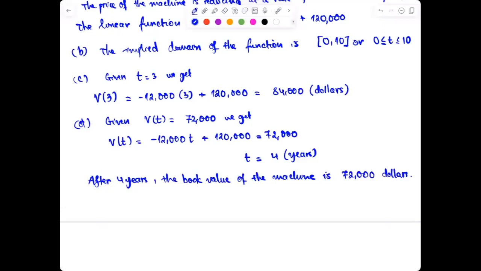So it's important to know about linear functions in general, because they apply to a lot of things in reality, not only in physics, chemistry, and biology, but also in business as well.